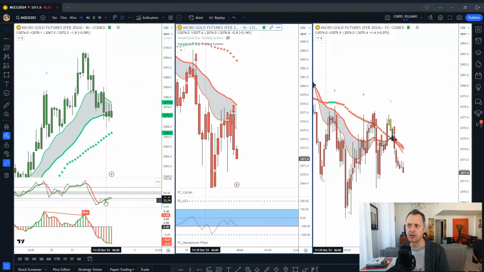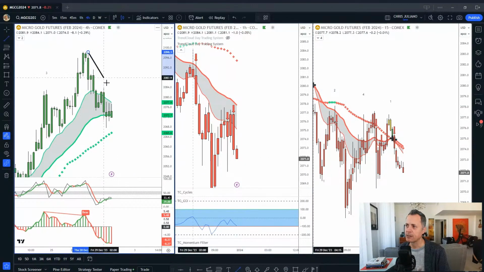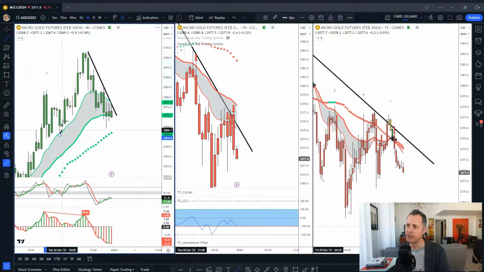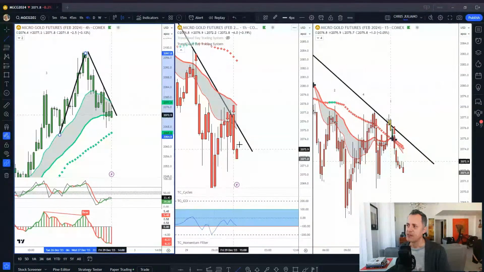Cycles let us know, are we in a corrective move or are we in an impulse move? So the corrective move here that's going down, right? Here's the impulse, here's the correction. It's still going on because we can see it here on the lower time frames.